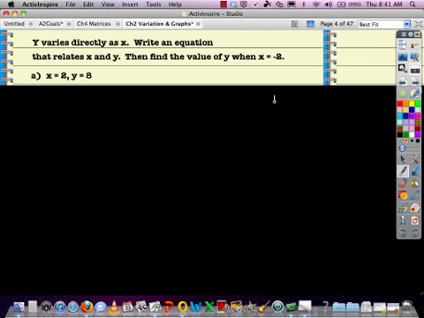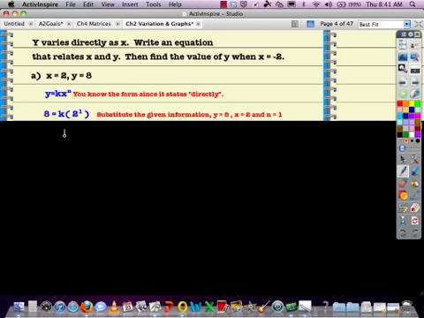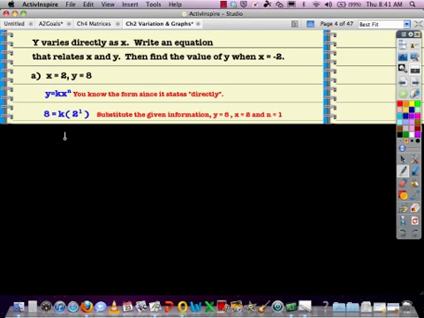So, watching this, our given information is x equals 2 and y equals 8. When they say y varies directly as x, you should have been able to say immediately that means y equals kx to the n by definition. And it did not say any power, so we could even say it really means to the first power. And at that same step, I also put in the x and y values that were given.